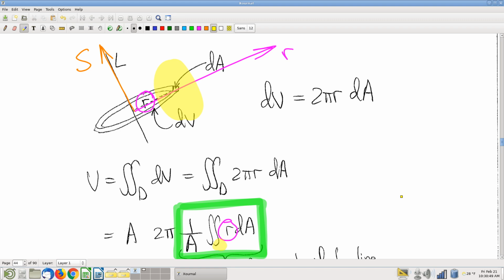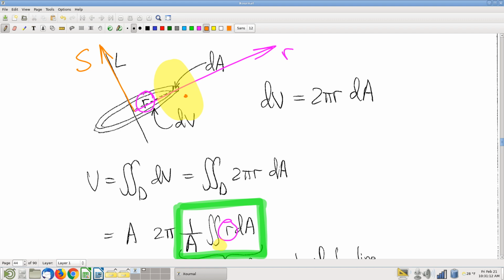This expression that I have in green is literally the r coordinate of the centroid of that yellow area that we started with. Another way to say that is, remember we already talked about the r coordinate of something meaning the distance from it.